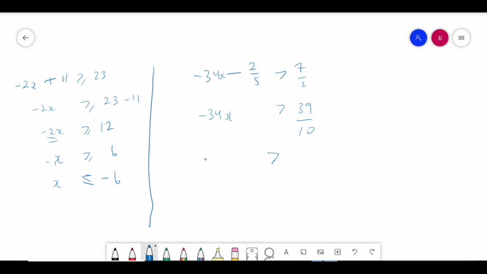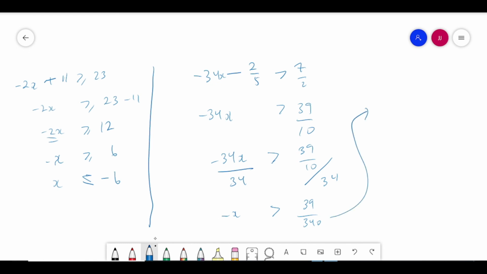So we have minus 34x divided by 34 and 39 over 10 divided by 34. In this case, we will have minus x is more than or equal to 39 over 340.